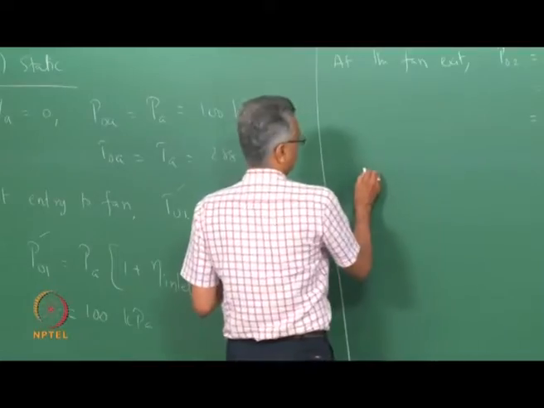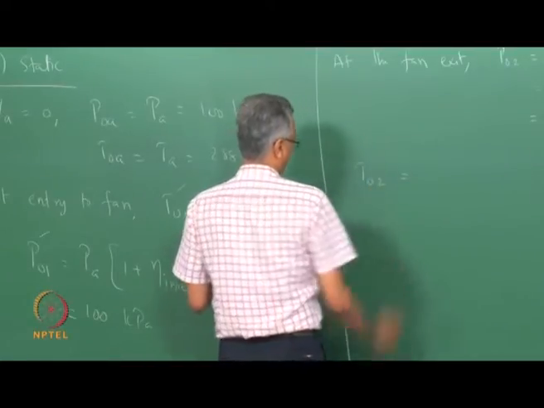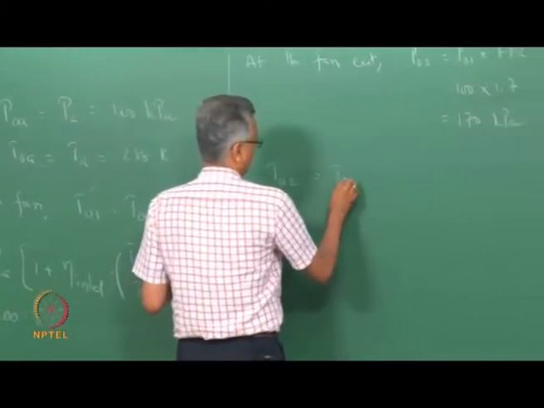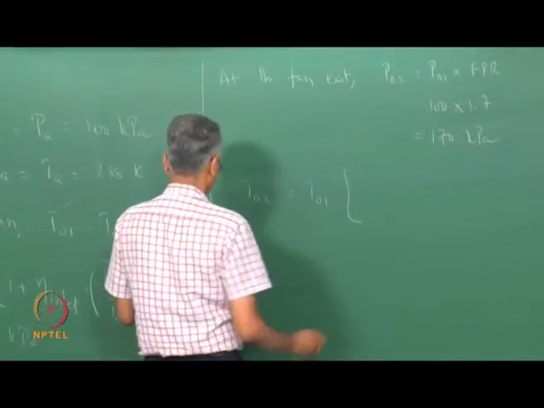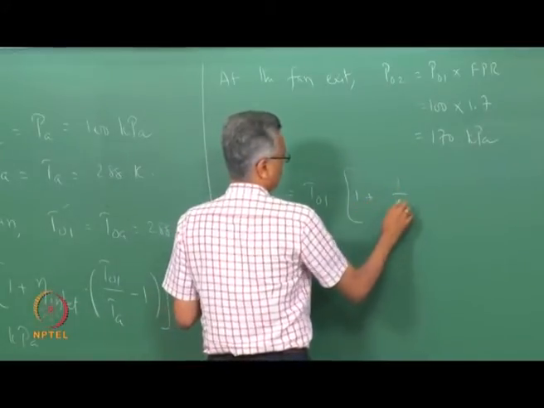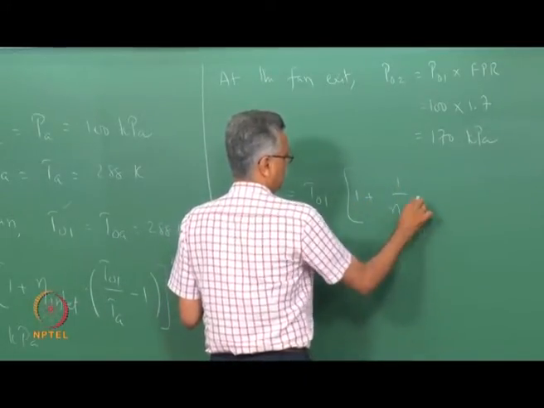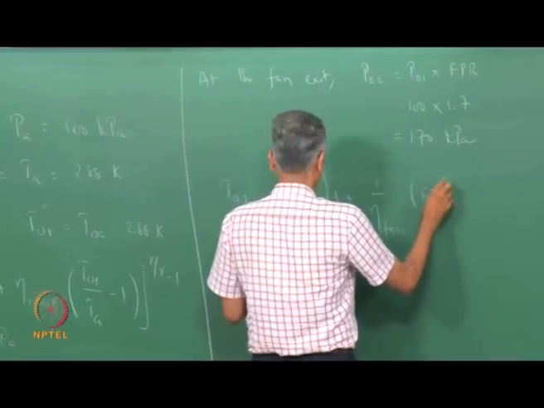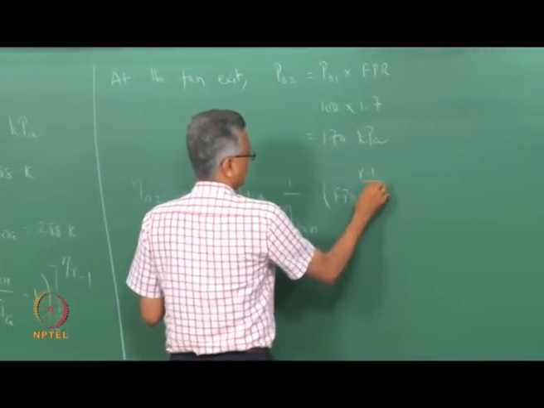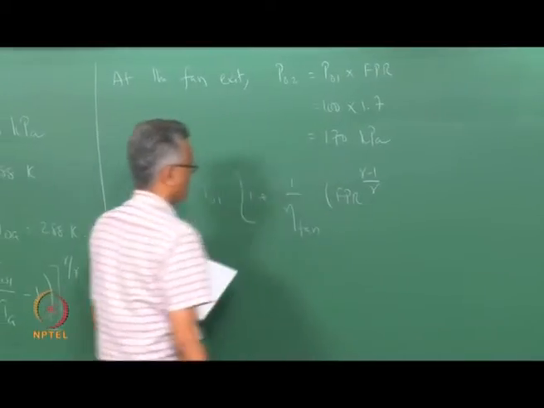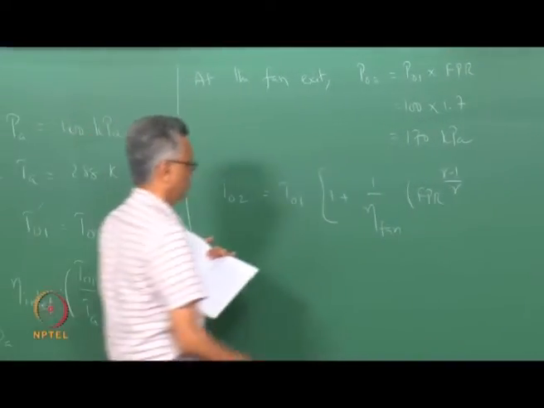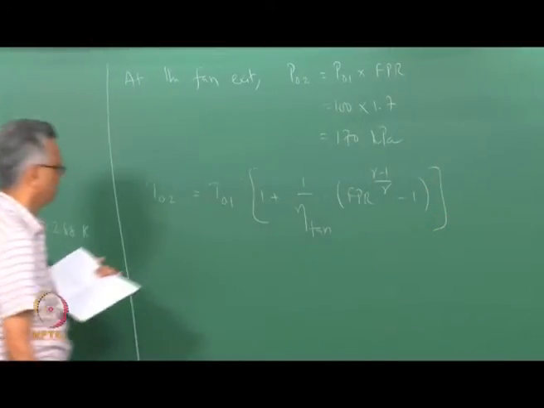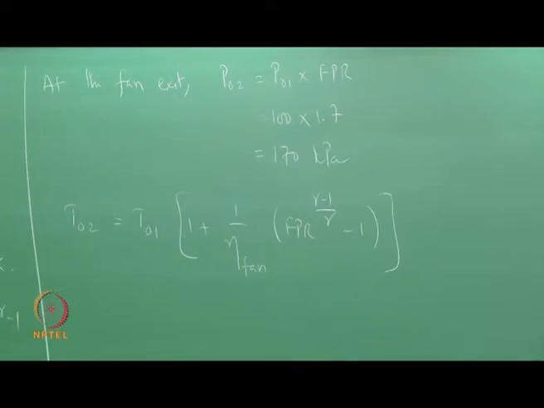So T02 is equal to T01 times 1 plus 1 over eta fan times fan pressure ratio raised to the power gamma minus 1 over gamma, minus 1.